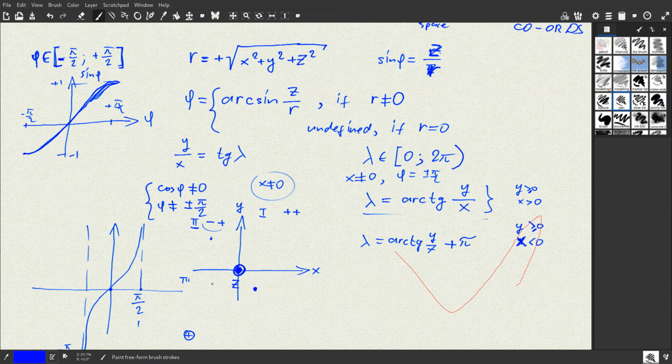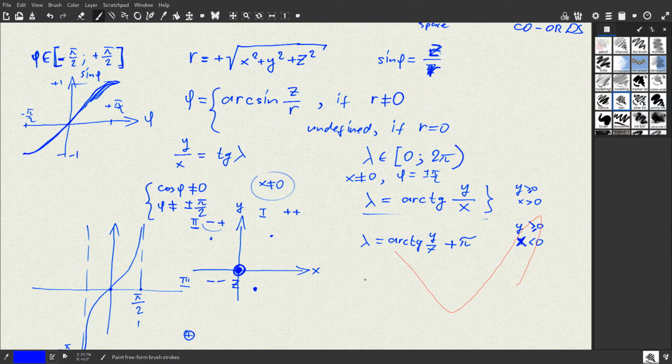In the third quadrant, both x and y are negative. Whereas our formula would give us a value here in the positive quadrant.